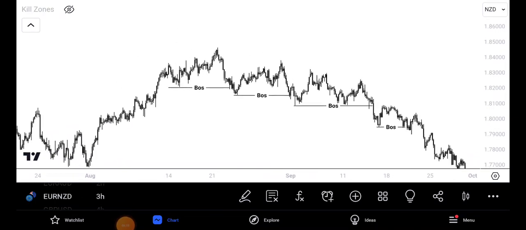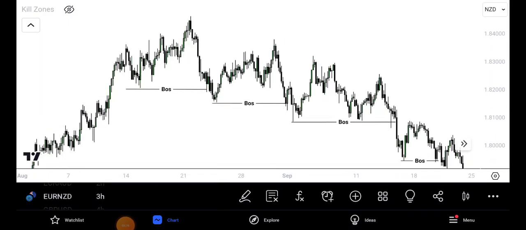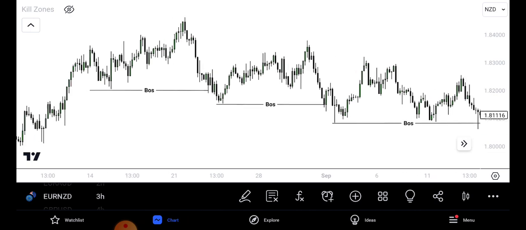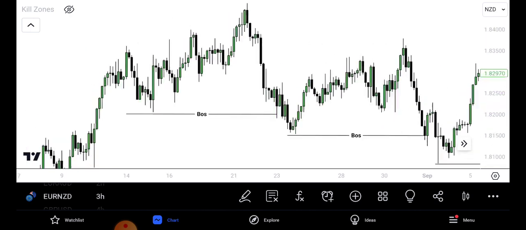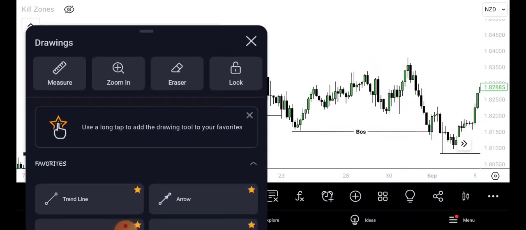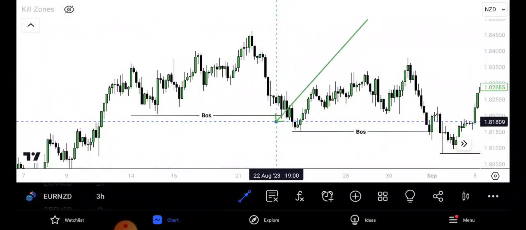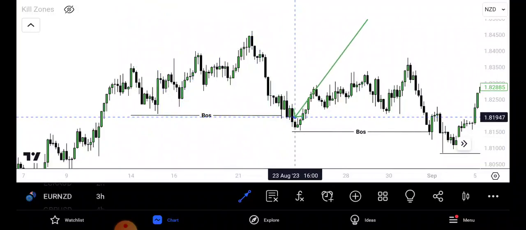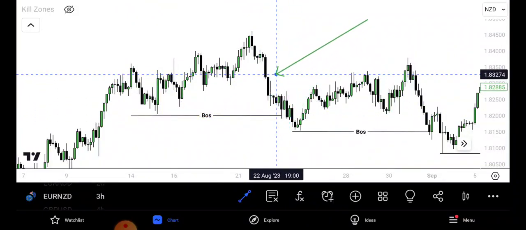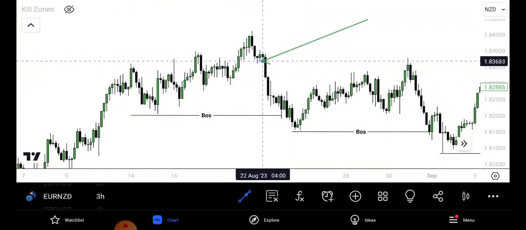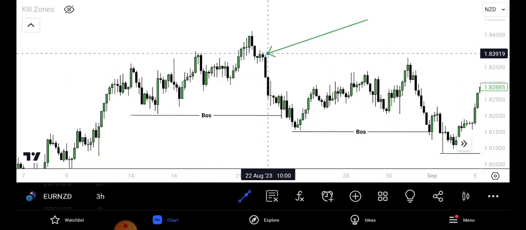All right, guys, so this is how the order blocks look like. So let me just simply show you guys. First of all, on this zone right here, the market broke structure, left behind imbalance and order block, which is this zone right here.